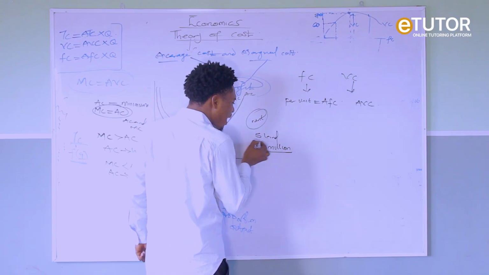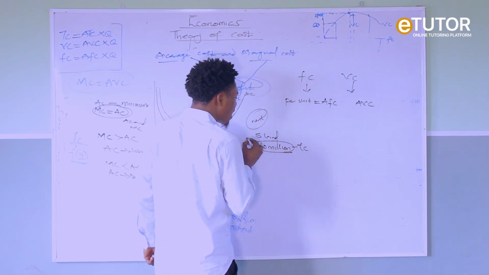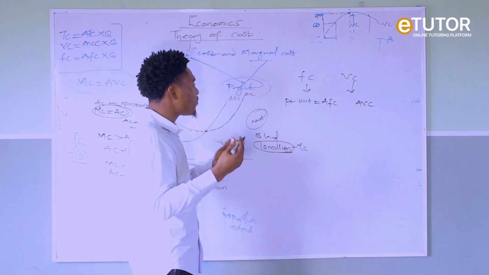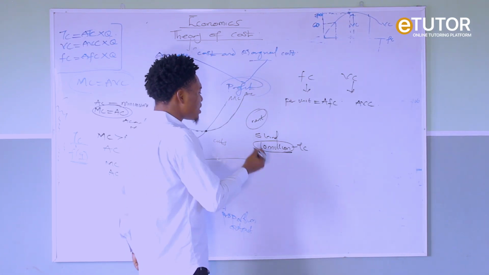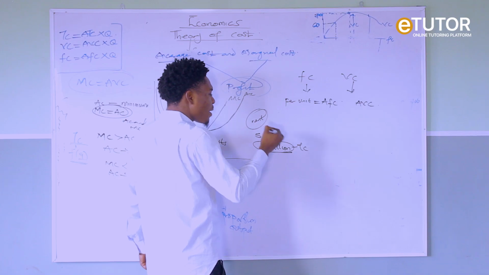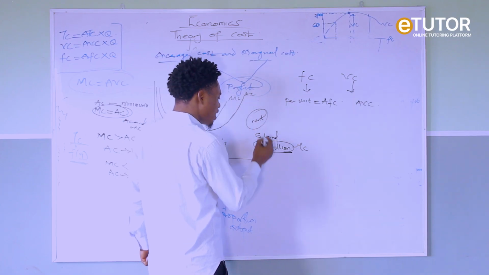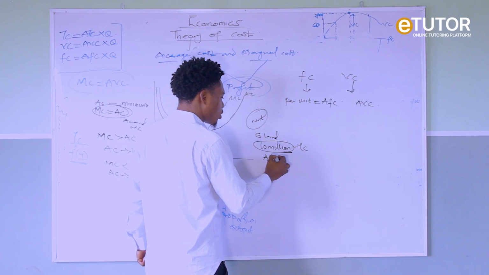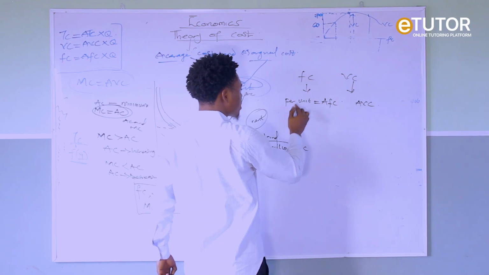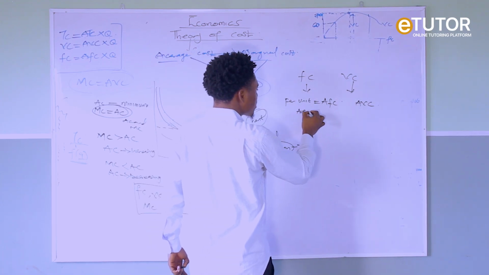So this 10 million naira is your total cost. Remember that for fixed cost, we only deal with fixed factors of production. Now, the money you are paying as rent for a single land is your average fixed cost.